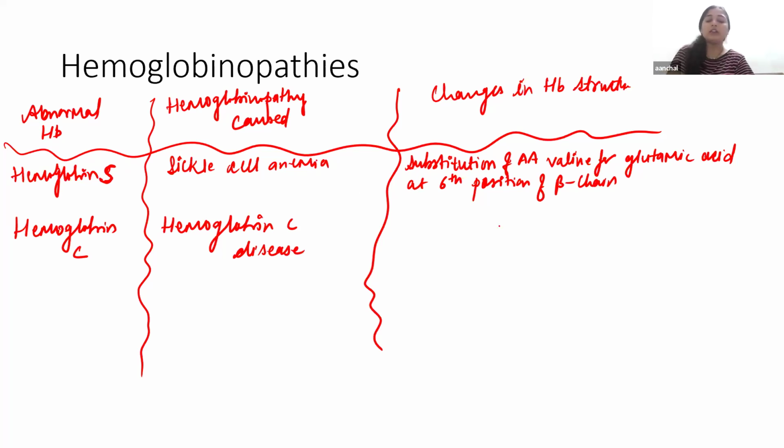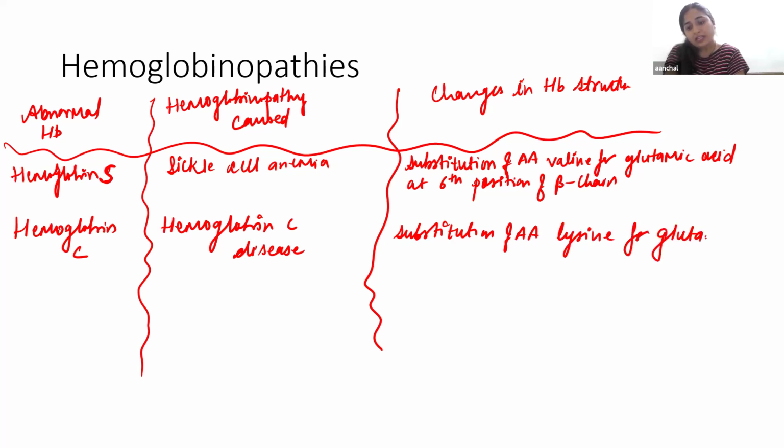In normal hemoglobin we have alpha and beta chains, but here we have a substitution of the amino acid lysine for glutamic acid at the 6th position of the beta chain.